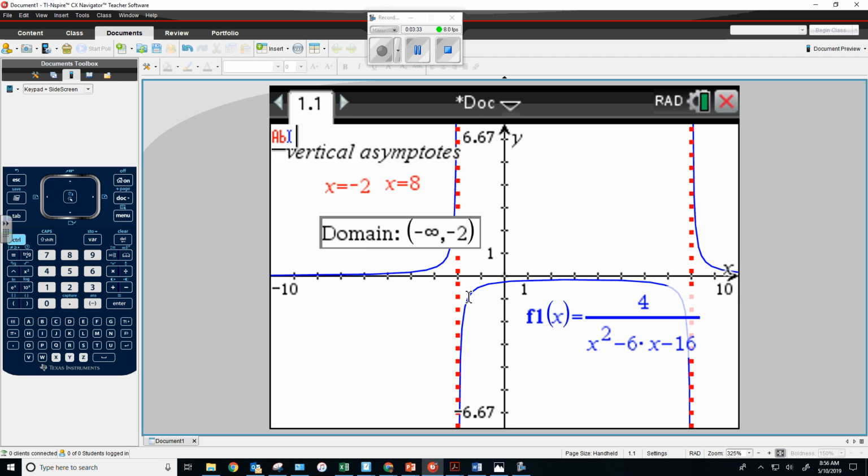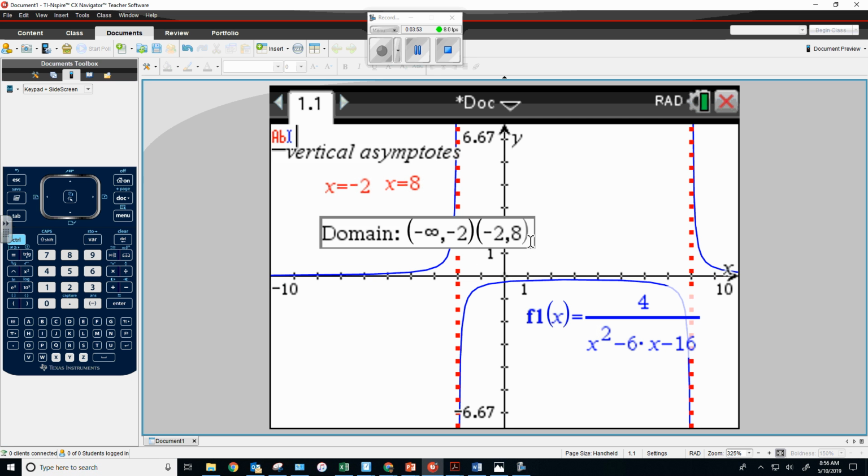And we want to get the middle part of the line past the first asymptote. That is from -2 to 8. That's the middle part.